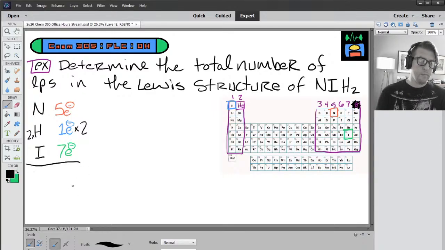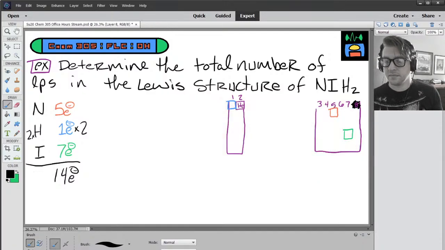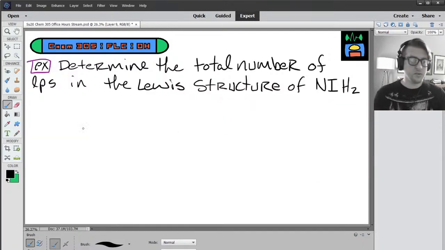And we have to add all of these up to get our total electron count. So we're going to have 9, 14 electrons. All right, so we have a budget of 14 electrons to spend.